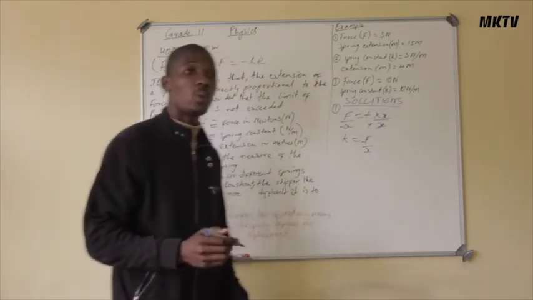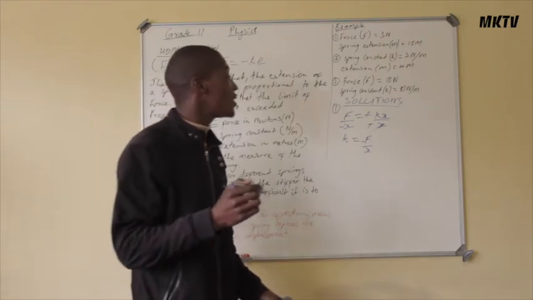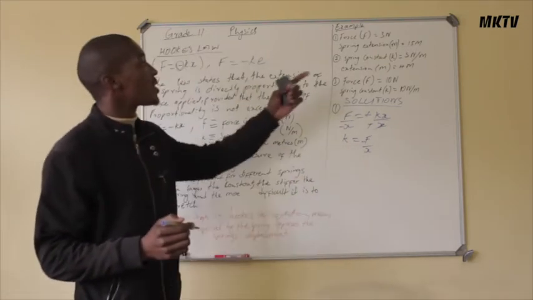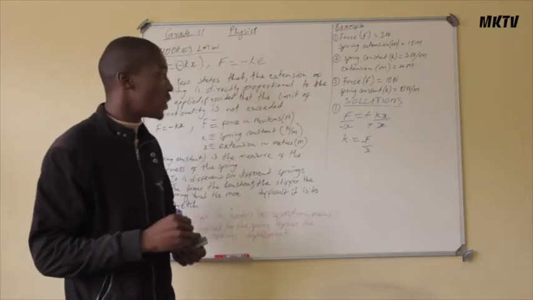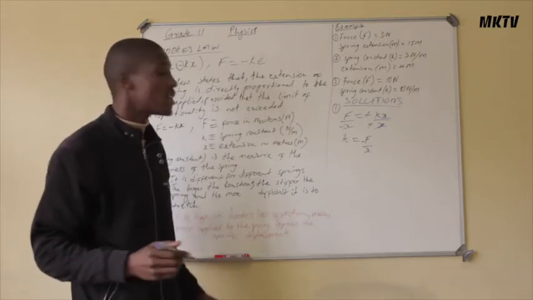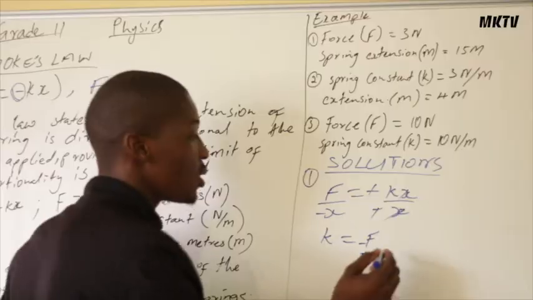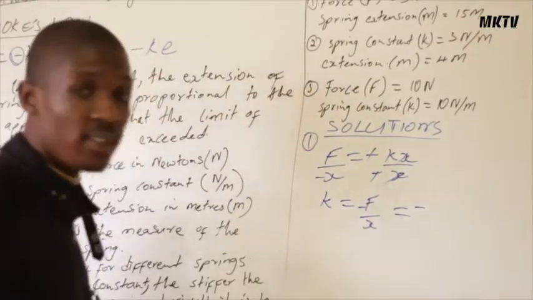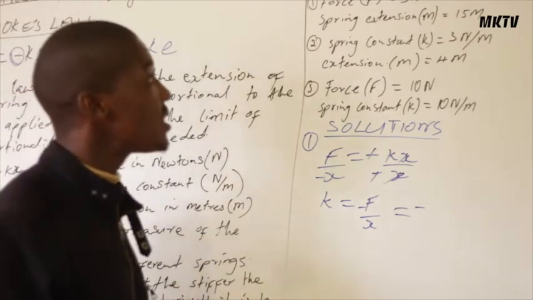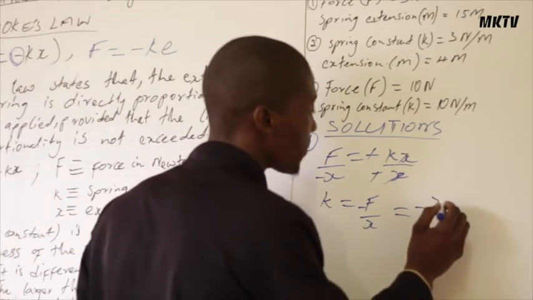And now we can substitute our given values in the equation, so that we can get the spring constant k. So substituting, we will have negative, and we are given that the force is 3 newtons.